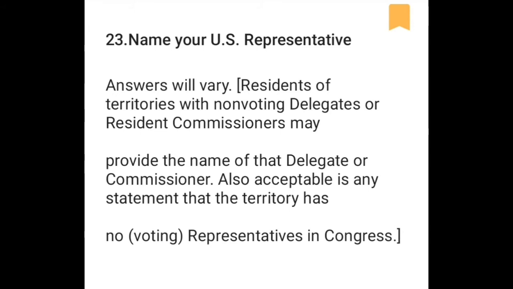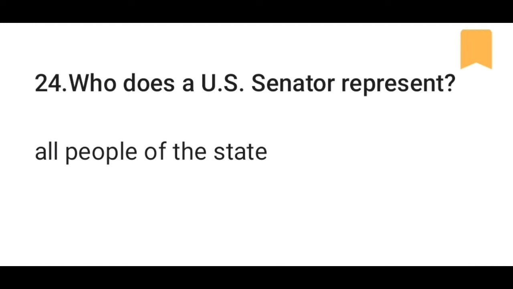Answers will vary. Residents of territories with non-voting delegates or resident commissioners may provide the name of that delegate or commissioner. Also acceptable is any statement that the territory has no voting representatives in Congress. Who does a U.S. Senator represent? All people of the state.